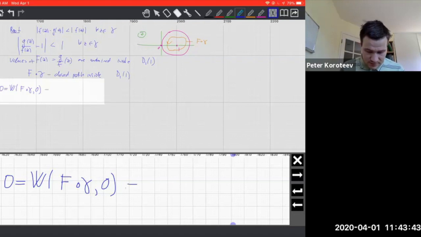And from the other side, we can integrate. The winding number is, from the definition, the integral of dz over z minus 0 over this curve.